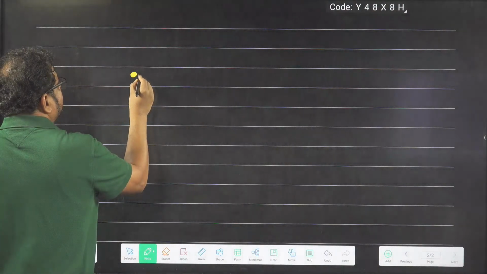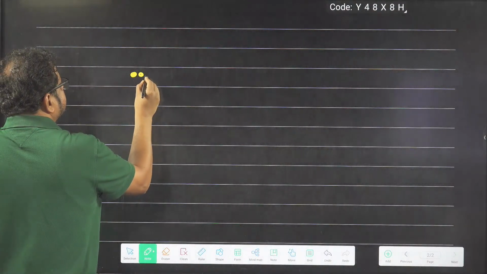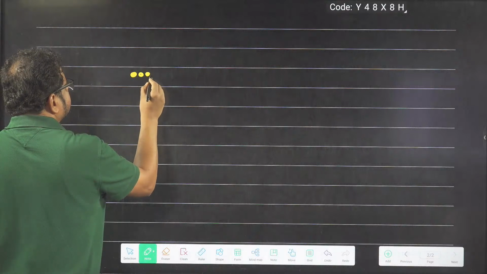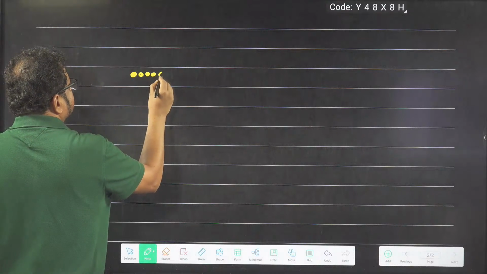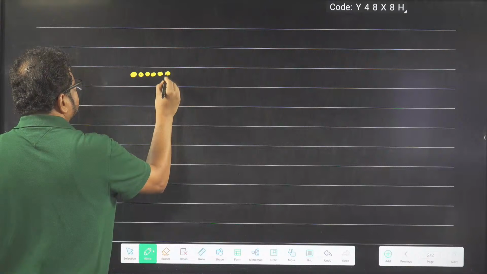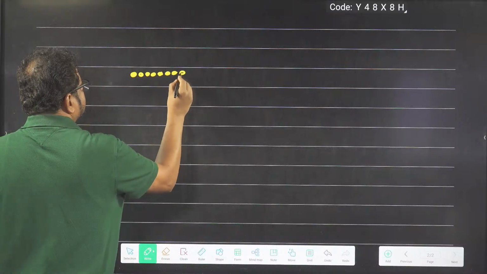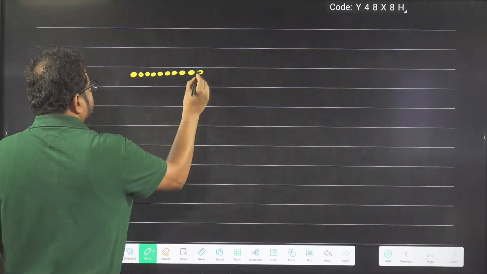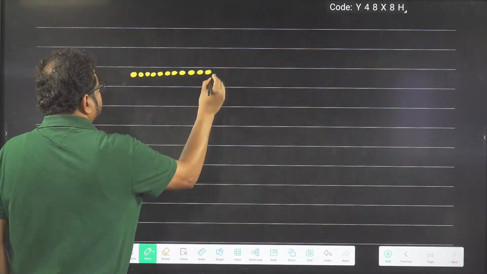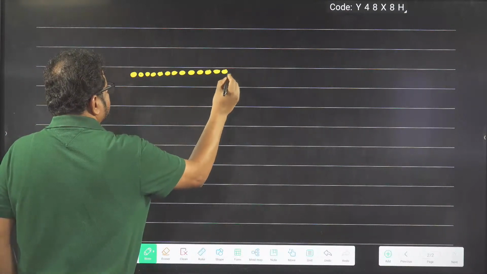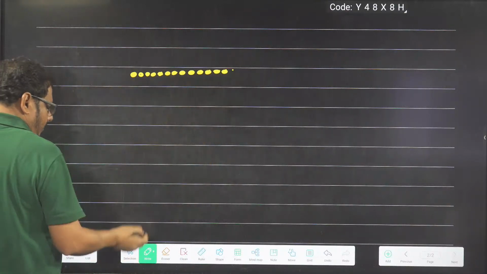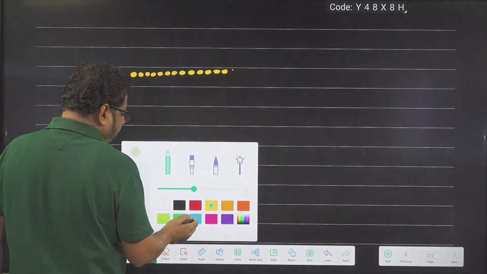See, it is alpha tubulin. This is alpha tubulin. Yellow color one is the alpha tubulin.